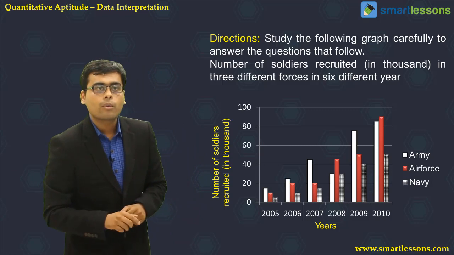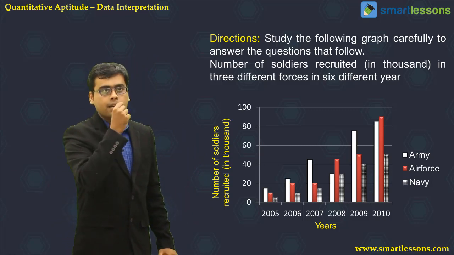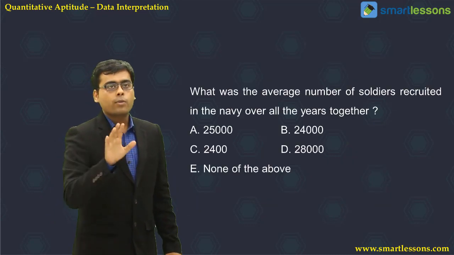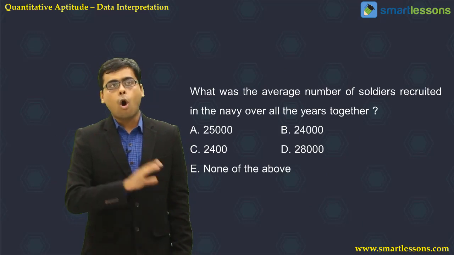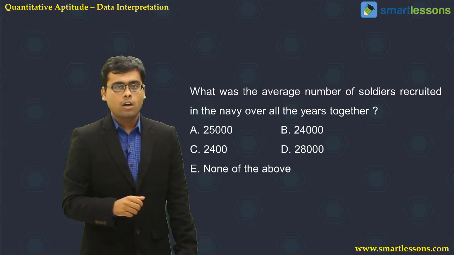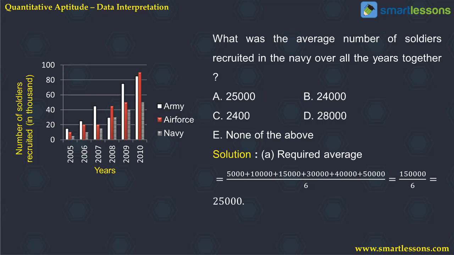Alright, now, so we understood the chart. Let us solve the questions. The first one, what was the average number of soldiers recruited in the Navy over all the years together? So if you go back to this chart, 6 different years are there, 2005, 6, 7, 8, 9, 10.